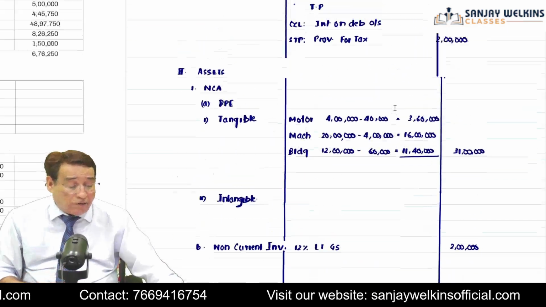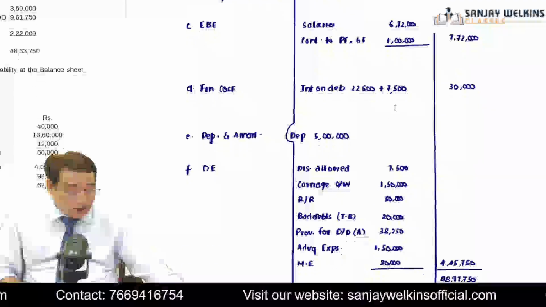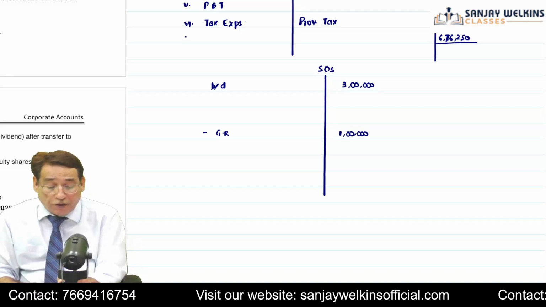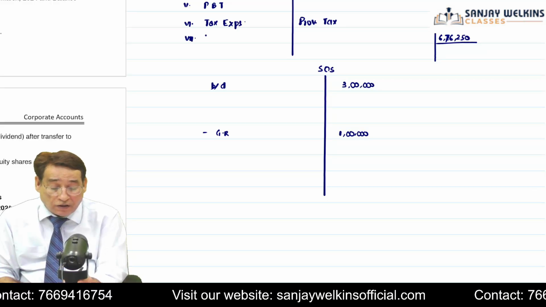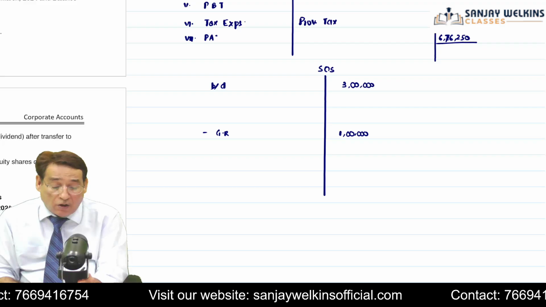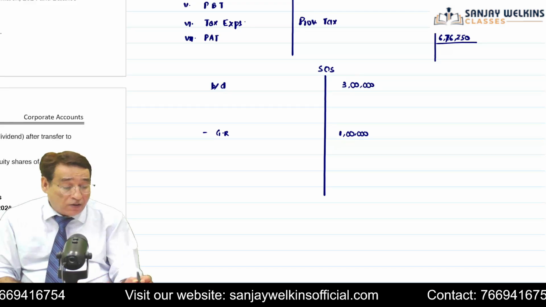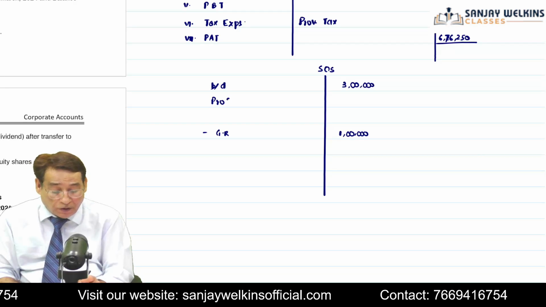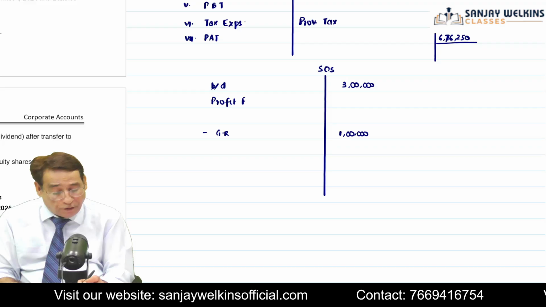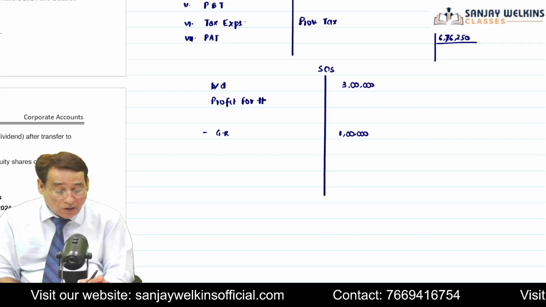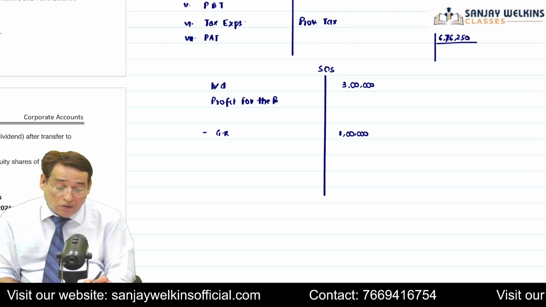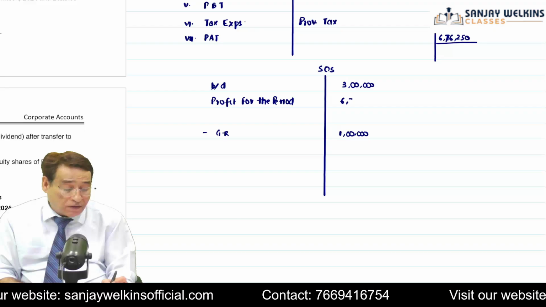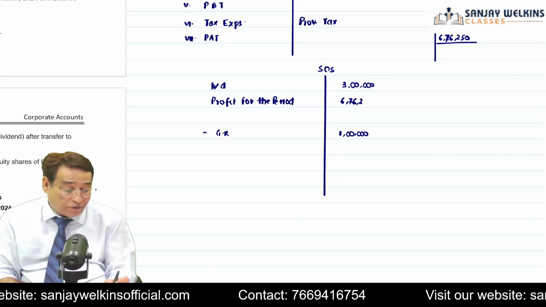So now what we were doing, we were talking about the statement of P&L. We have completed the statement of P&L, and now this profit is known as profit after tax or profit for the period. So this profit for the period will be written over here. Profit for the period, as you have seen, is equal to 6,76,250.